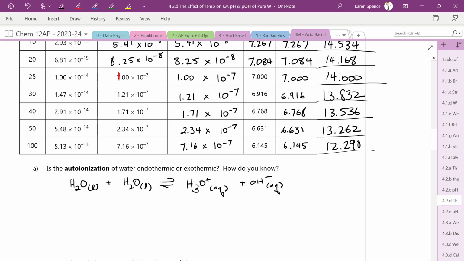How many people who were away yesterday think they know the answer to this? 1, 2, 3, 4. How many people are kind of like, I don't know yet?